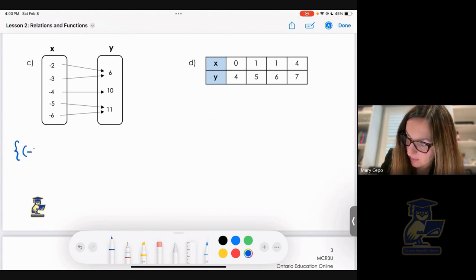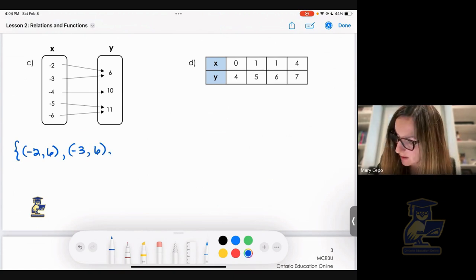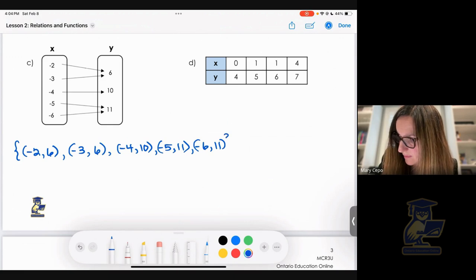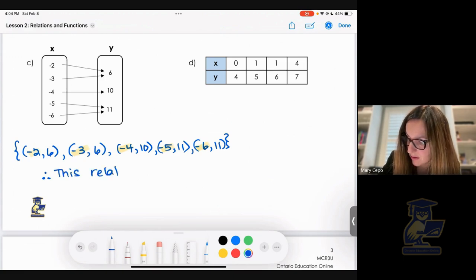We have -2 and 6, -3 corresponds to 6 in the y set, and then we have -4 and 10, -5 and 11, and then -6 and 11. Okay, as we can see here, observing all our x values, none of them repeat. So therefore, we can say this relation is a function.